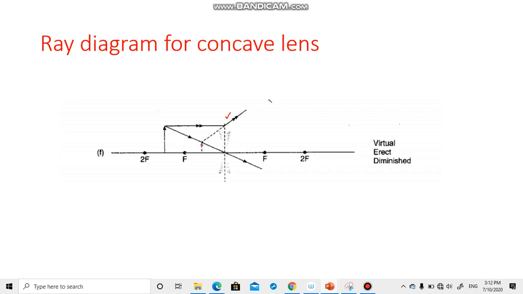So it is virtual and erect. This line and this line both are above the axis. Above the axis means erect, while one above and another below the axis means inverted. And it is smaller in size, so it is diminished.